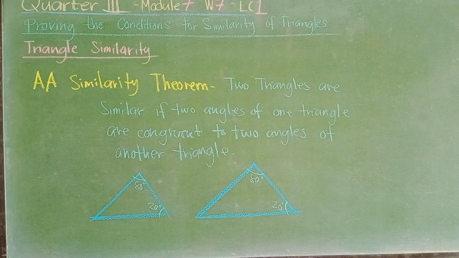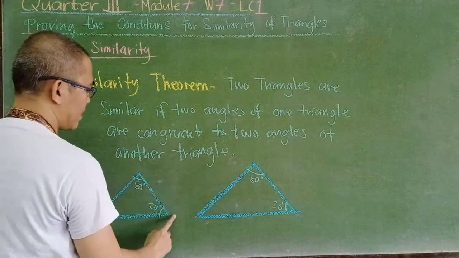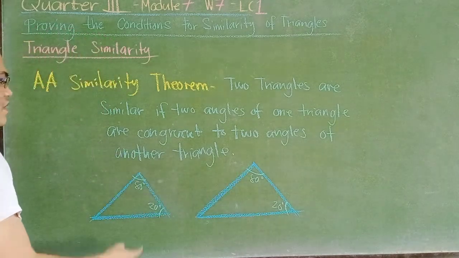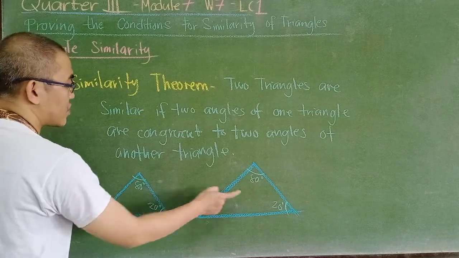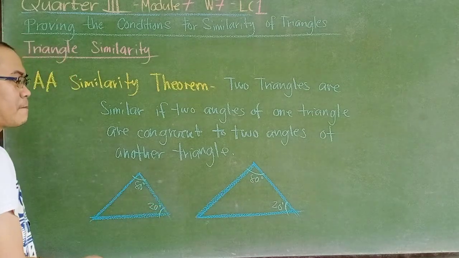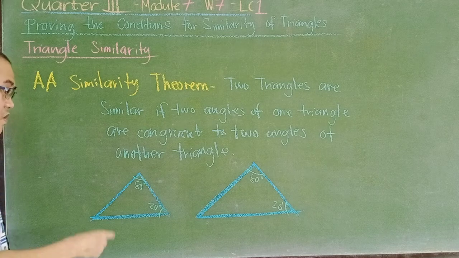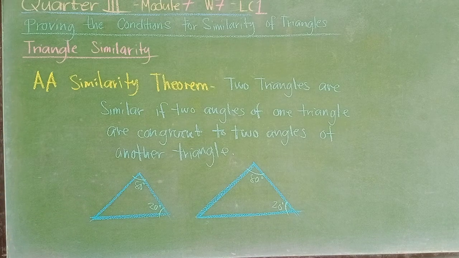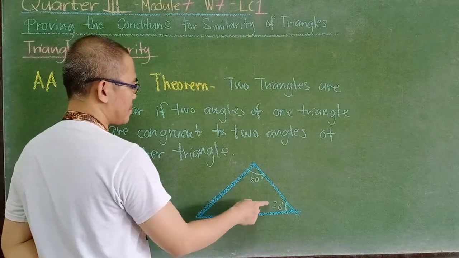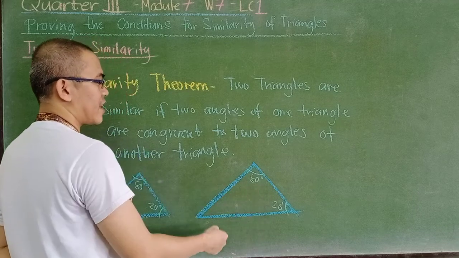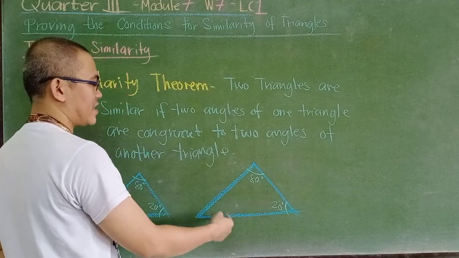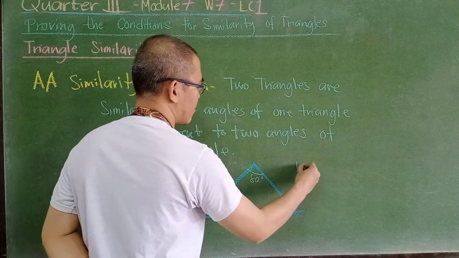So, ang sabi sa AA similarity theorem, kapag meron kang dalawang corresponding angles na congruent, ibig sabihin, similar sila. So, bakit? Natatandaan ninyo, kapag in-add mo yung interior angles ng isang triangle, equal yan sa 180.